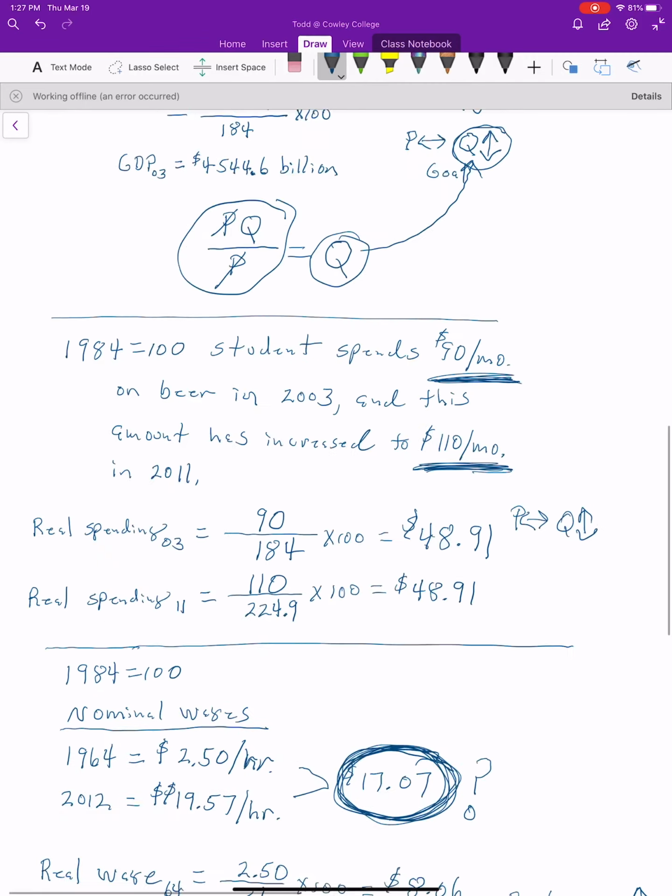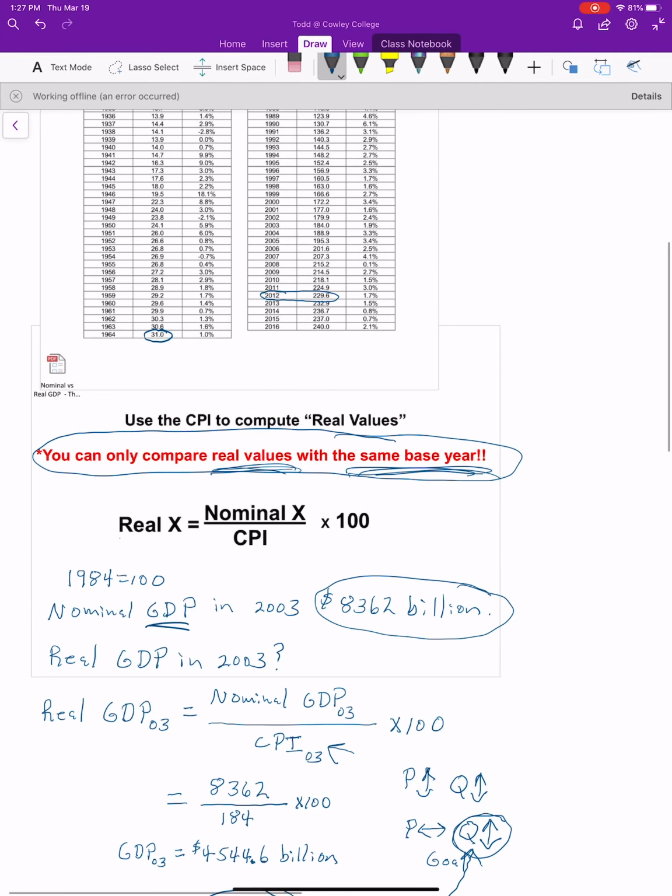But the key to this is to use this equation, and write the equation out with your years and so on, so you know what you're plugging in. And always keep in mind, nominal values stink. You can only compare two real values that have the same base year.